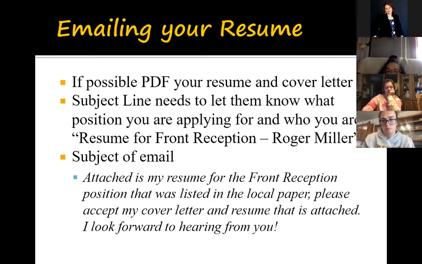I did talk about PDFing. If you do apply via email, if you're directly emailing, so not like if you're sending it through an online portal, if you're emailing them directly, make it stick out with the subject line.